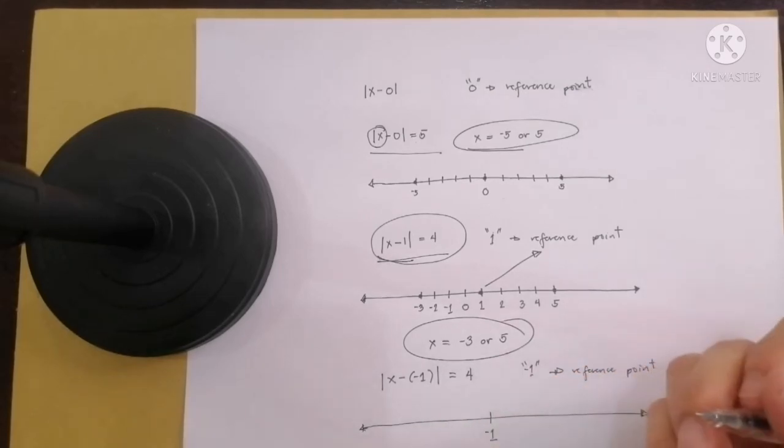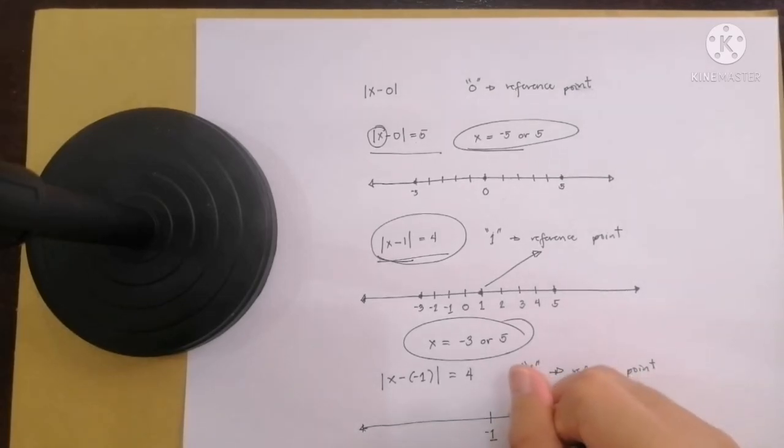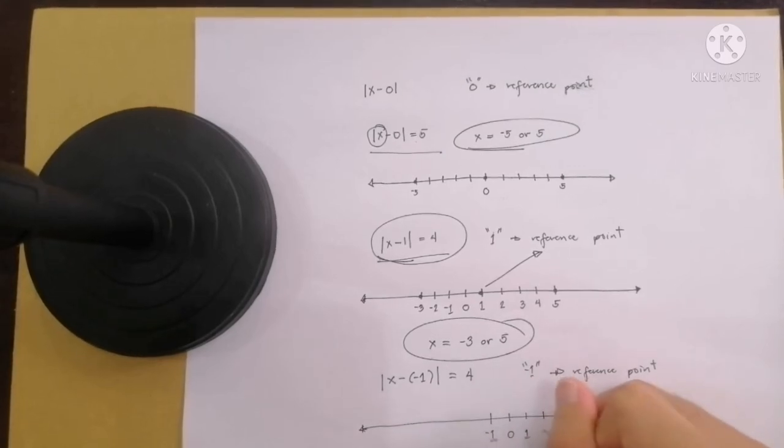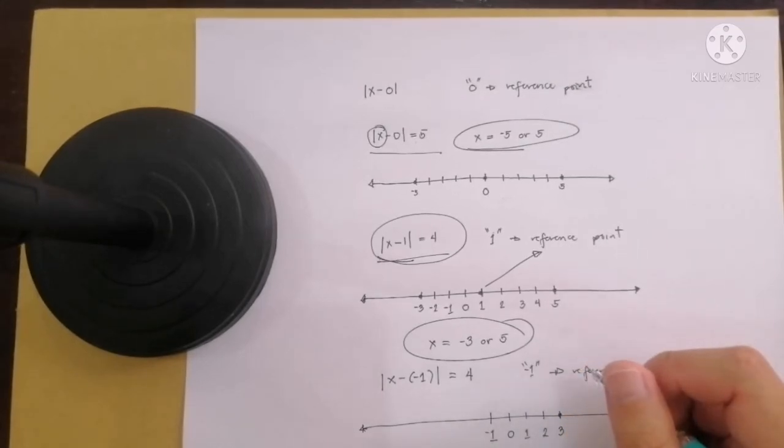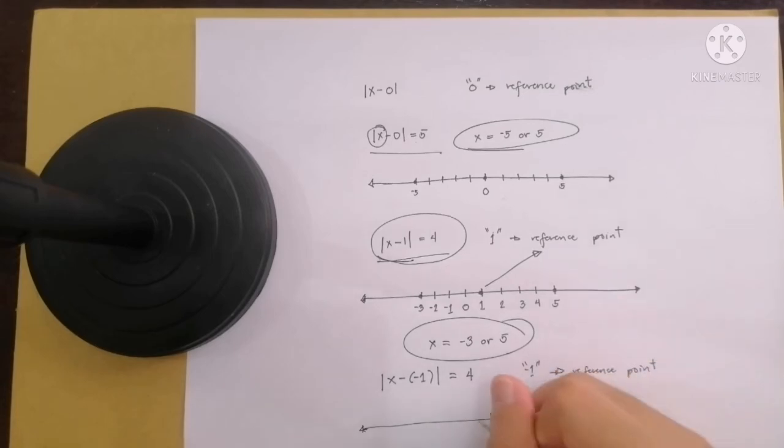So magsisimula muna tayo dito sa right. So we have here 1, 2, 3, 4, no? 4 units. So anong susunod sa negative 1 to the right? We have 0, positive 1, positive 2, and positive 3. So we land at positive 3, that is 4 units away from negative 1. Now, here naman, papunta naman tayo sa left, we have 1, 2, 3, 4. So ano yung susunod to the left ng negative 1?